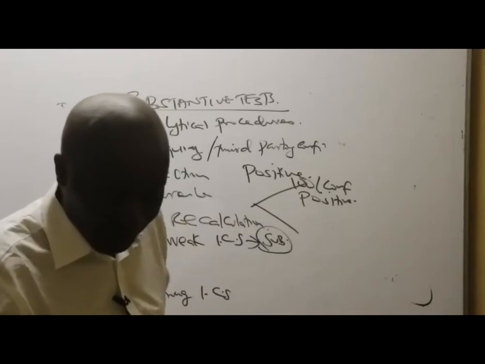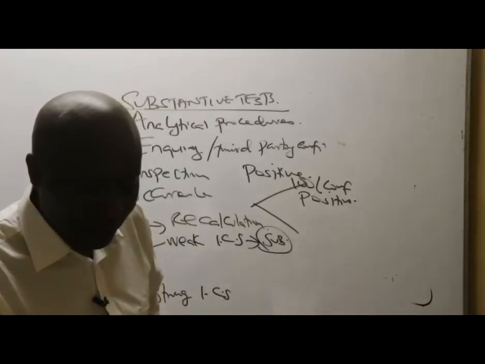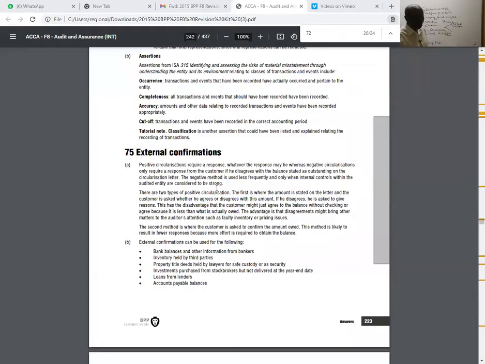So we are saying that positive circularization requires a response, whatever the response may be, whereas negative circularization only requires a response from the customer if he disagrees with the balance stated as outstanding on the circularization letter.